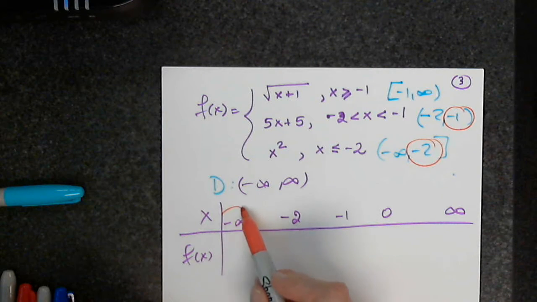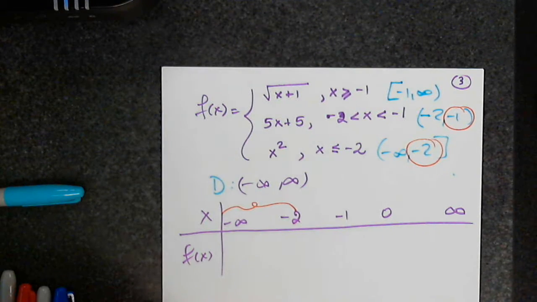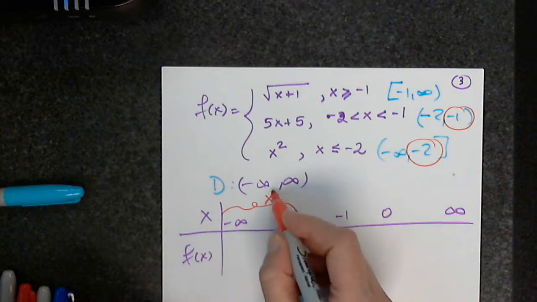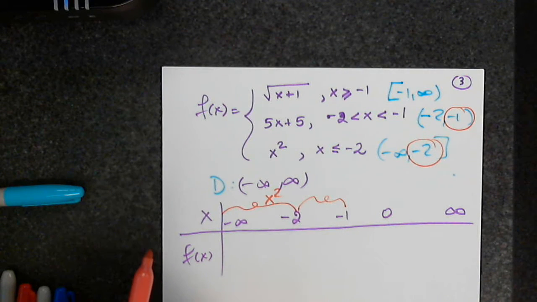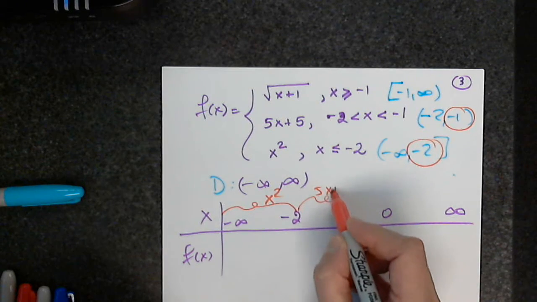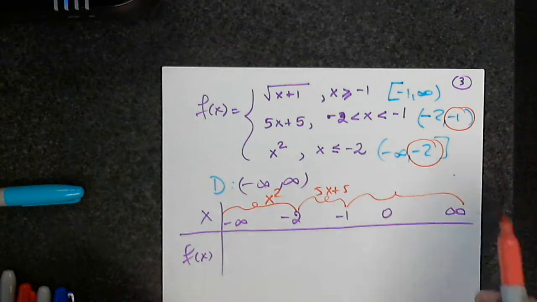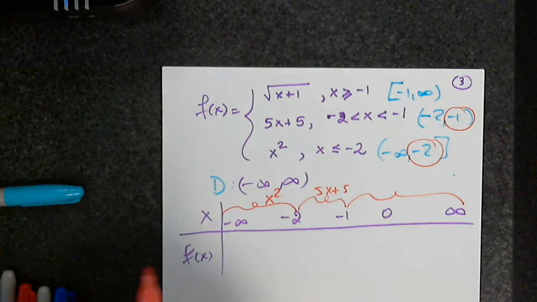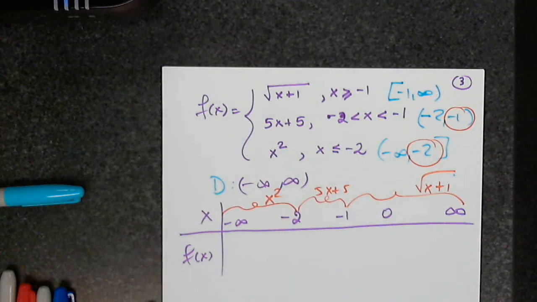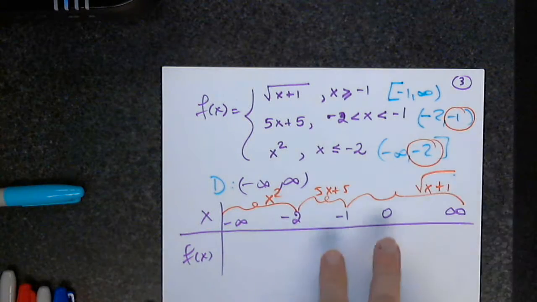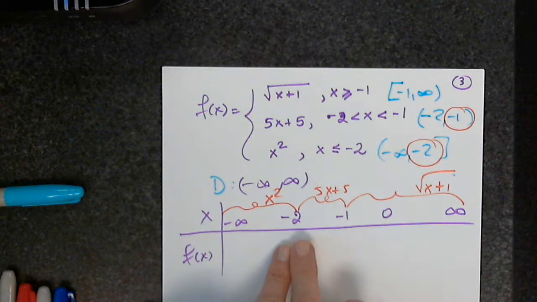So between negative infinity and -2, which function will I use? Very good, excellent. Between -2 and -1, which function will I use? Excellent. And finally, between -1 and infinity? Very good. Now the symbols under these two values, under -2 and -1, what are the symbols?